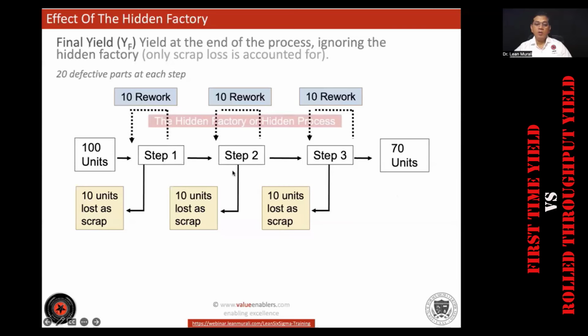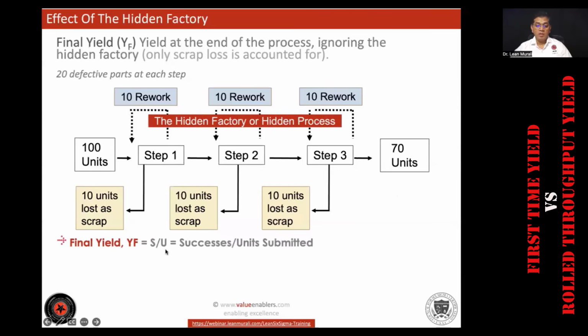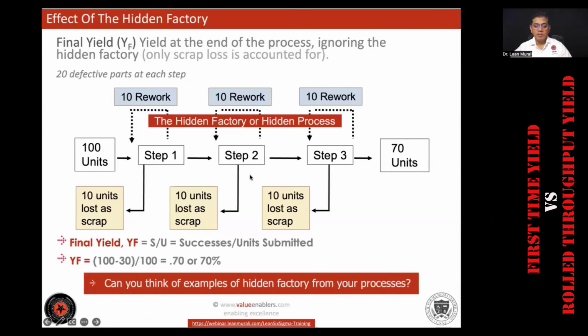Now, the hidden factory, or hidden process, as we call it. The final yield is always what is finally successful out of the total that came inside. Okay, 100 minus 30. Don't include scrap here. The final yield is 70%.